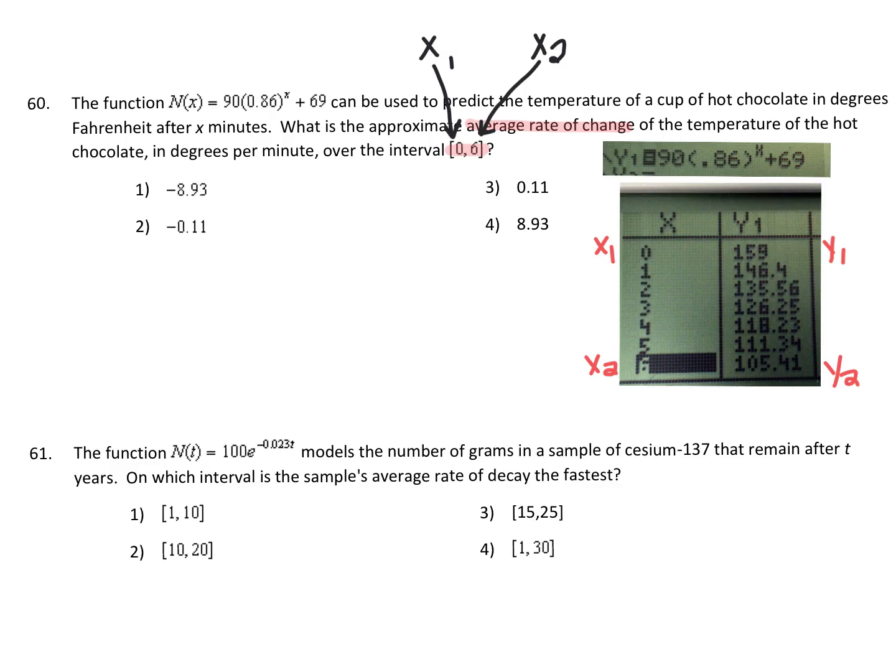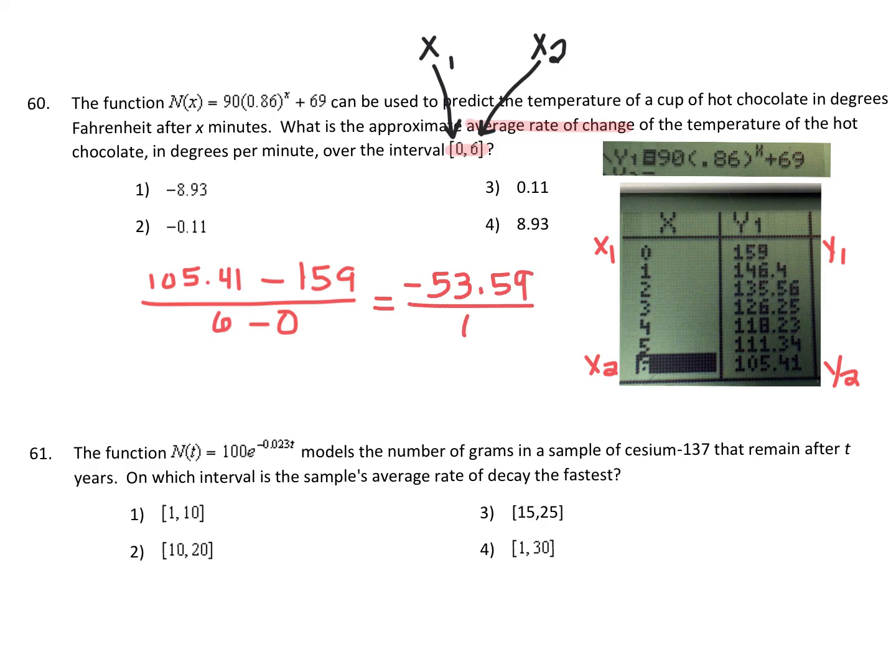All right, so if we use our formula, y2 minus y1 over x2 minus x1. All right, so we could write out y2 minus y1 over x2 minus x1. All right, so then when we subtract the numbers in the numerator, we get negative 53.59. And when we subtract the numbers in the denominator, we get 6.